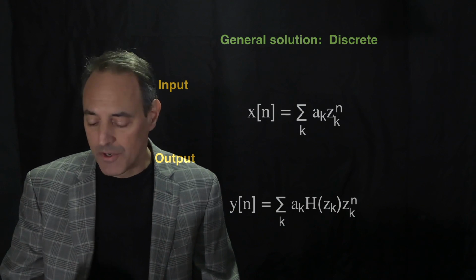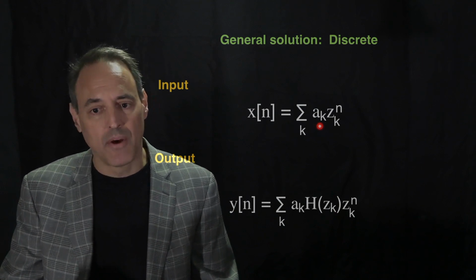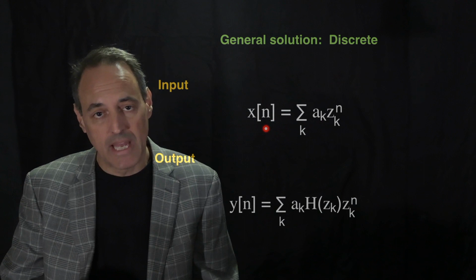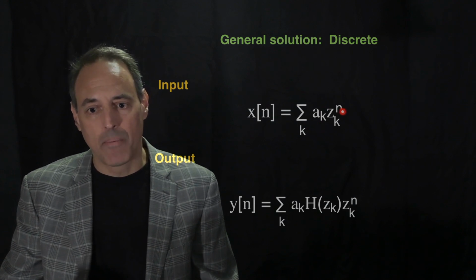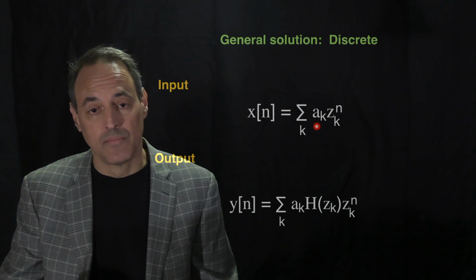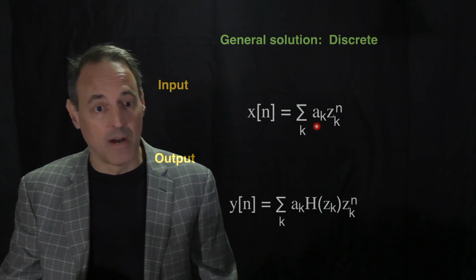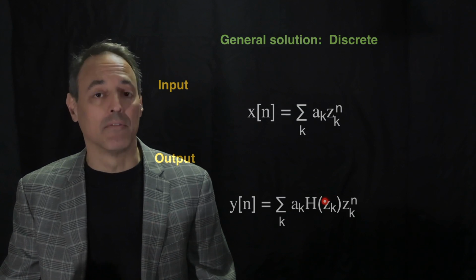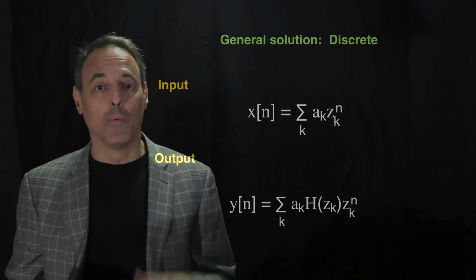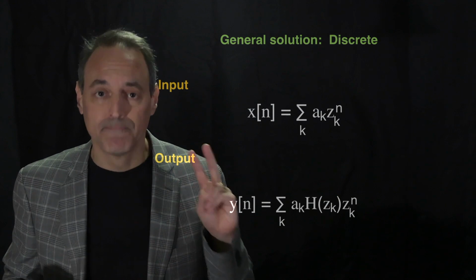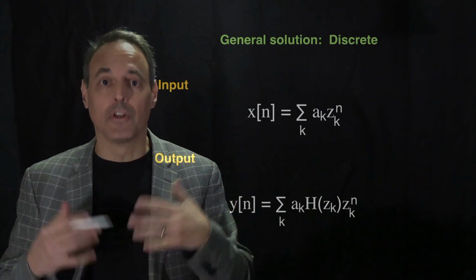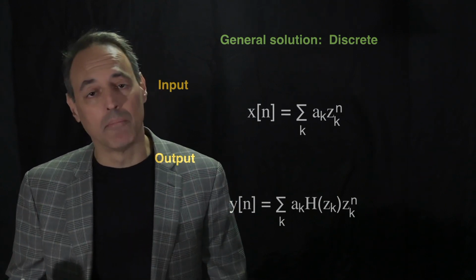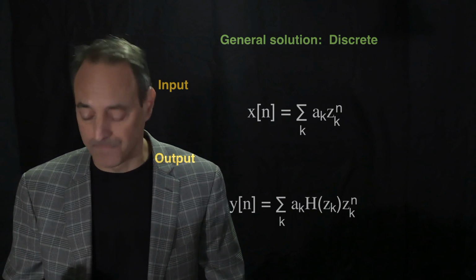First, if I want to do this expression, I have to take any signal and represent it as this sum, which means I've got to determine the a of k. Second job is once I have that, I have to determine the eigenvalues, this H. And once I get those two pieces of information, I'm good to go. You can now construct any input-output relationship that you want.